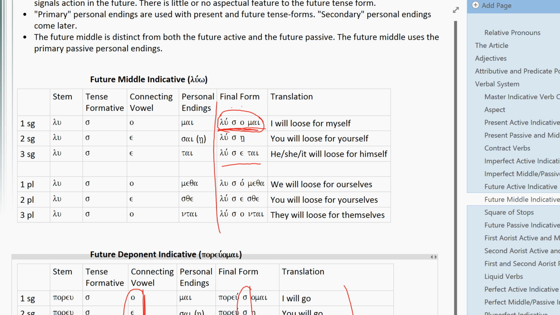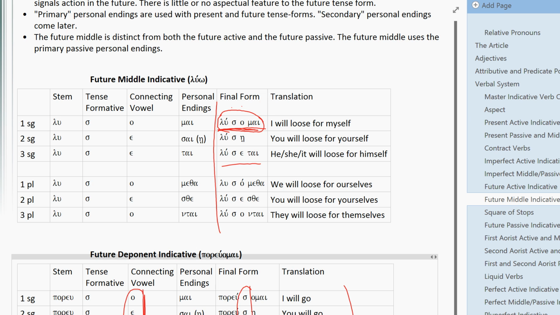Here I've put for myself to try and distinguish it from the future active of λύω, which would just be I will loose. So λύσω means I will loose, and then the future middle, I'm just trying to make some sort of distinction there in the translation: I will loose for myself. But you just have to look this up in the lexicon to figure out what the actual meaning of the middle voice is. So do that for each verb. Don't just add for myself or something like that.